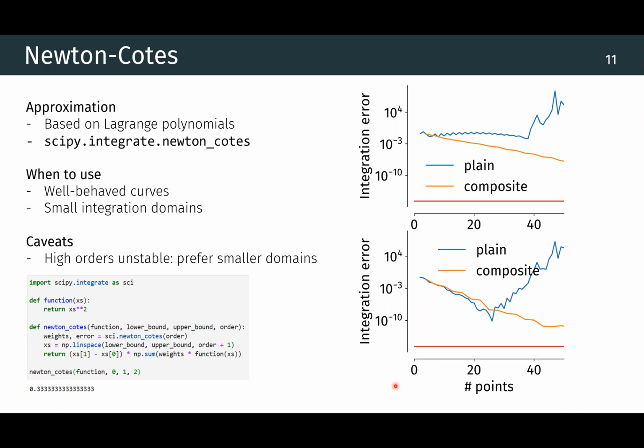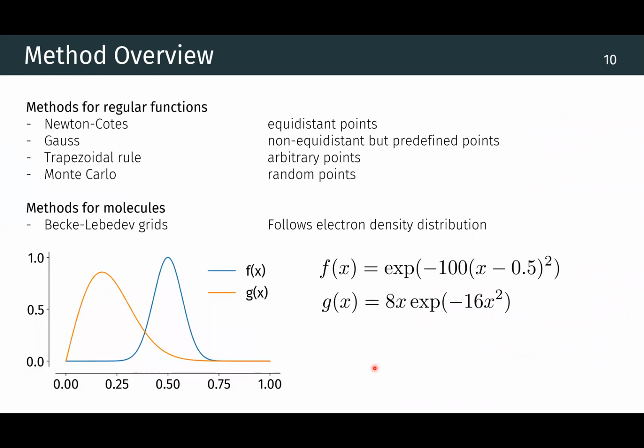On the y-axis, we have the integration error, because all those functions I can integrate analytically, so I know their true integral and can compare. The first one over here is for f of x, and this is for g of x. Those were the two functions in the plot.